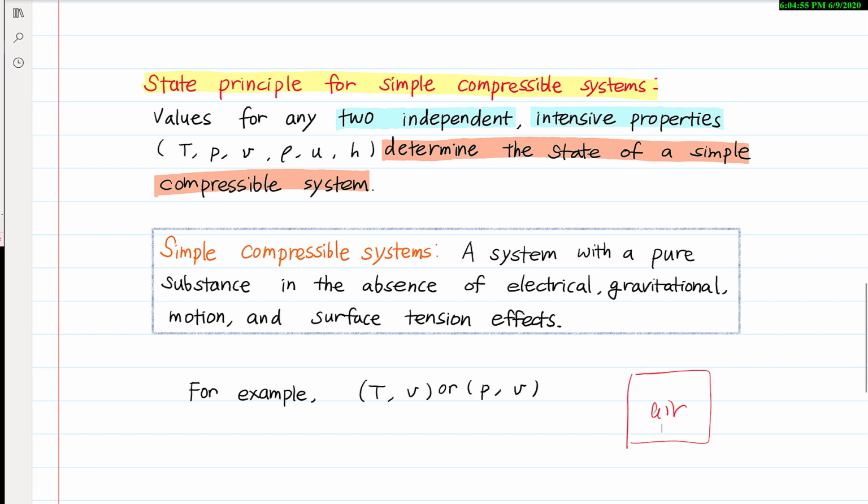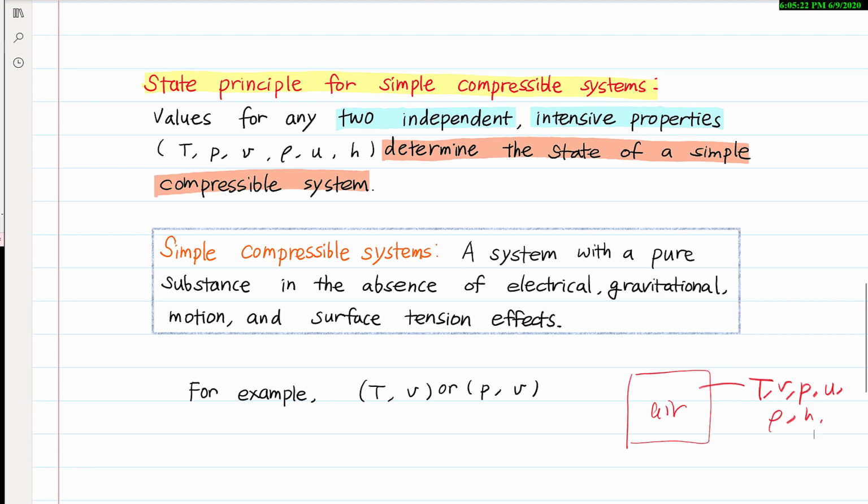We'll need properties of a system to solve the thermodynamic problems that we are going to be working with. There are many properties for the system. So we can describe the state of the system using properties such as temperature, specific volume, pressure, internal energy, density, and enthalpy.